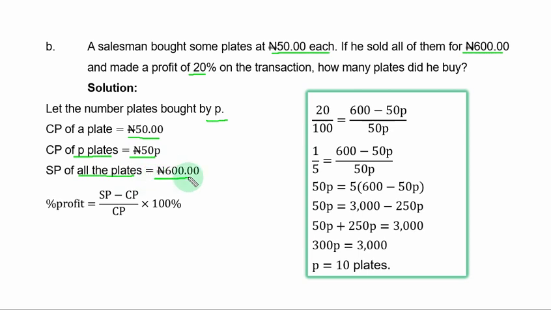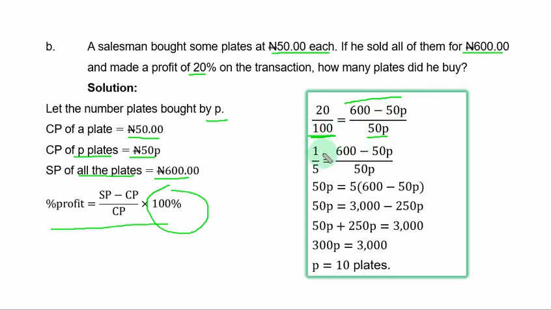He made a profit of 20%, so we use the profit percent formula, which is this. So 20% implies 20 over 100. That is equal to selling price 600 minus cost price 50P over 50P.